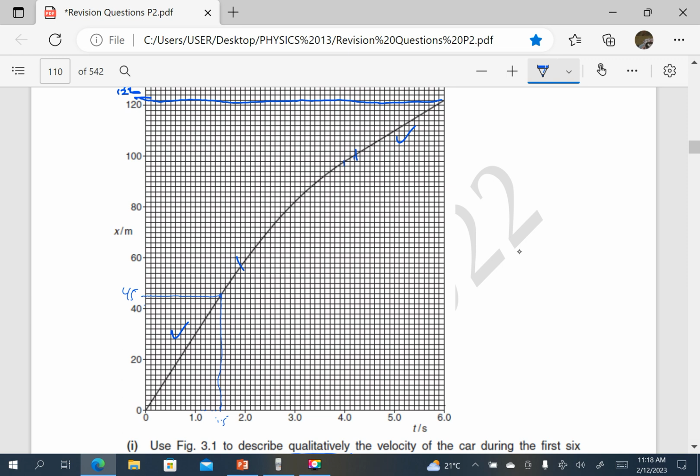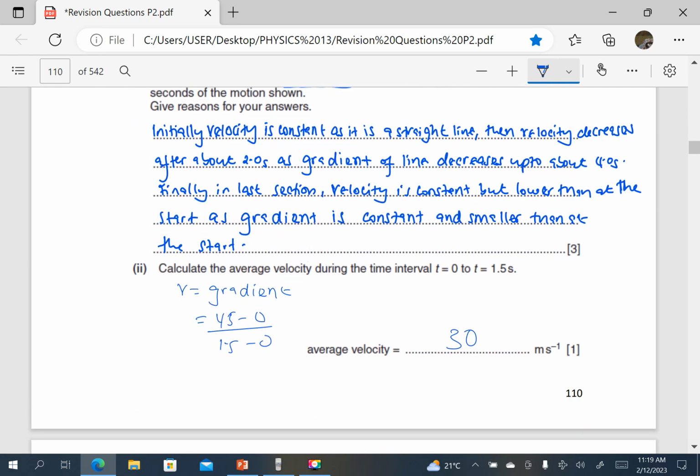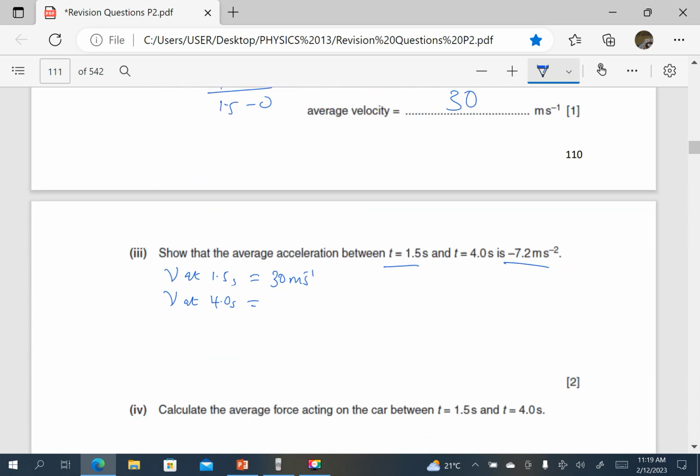Okay, so that is 98. So you have 122 minus 98, then 6.0 minus 4.0 to find the velocity. So velocity at 4.0 seconds is equal to 122 minus 98 divided by 6.0 minus 4.0. I'm just finding the gradient of a line because it is a straight line.